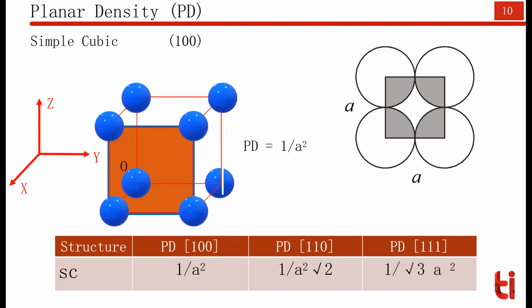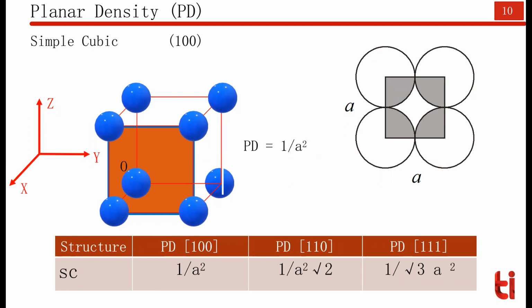Typically, we will calculate planar density for the simple cubic unit cell, face-centered cubic unit cell, and body-centered cubic unit cell for three different types of plane, namely 100, which is the side face, 110, which is the face diagonal, and 111, which is the body diagonal.